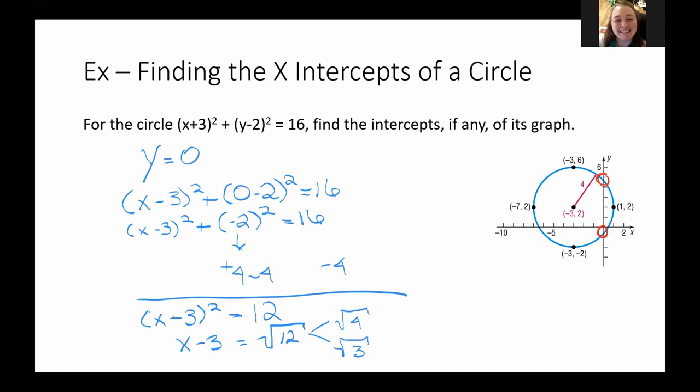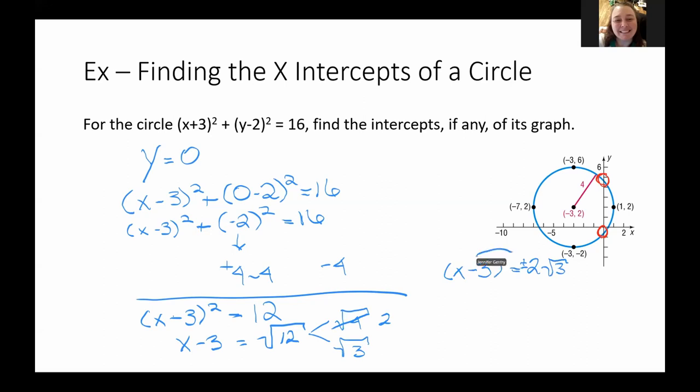We learned that a couple classes ago. So the square root of 4 is actually going to be 2. So now we actually have an equation that says x - 3 equals 2 square root of 3. Okay, and it's going to be a plus or minus, because remember, when we pull something out of a square root, it is a plus or minus.